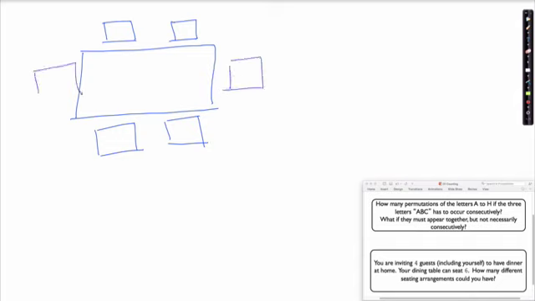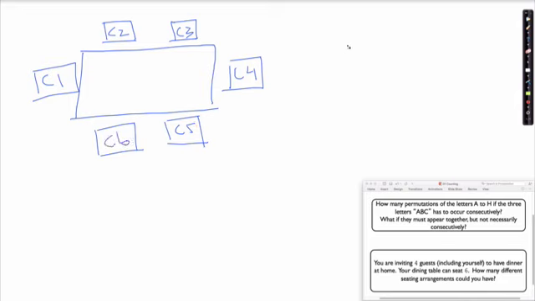Now there are 6 chairs, and we are going to number the chairs so that it becomes easier to see. So this is chair 1, chair 2, chair 3, chair 4, chair 5, and chair 6.